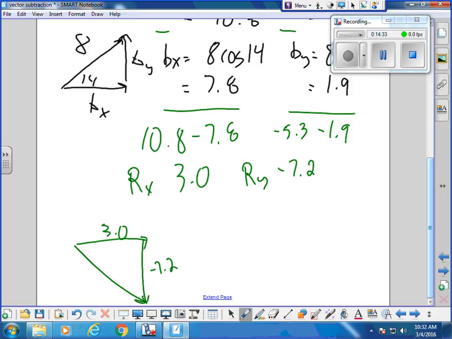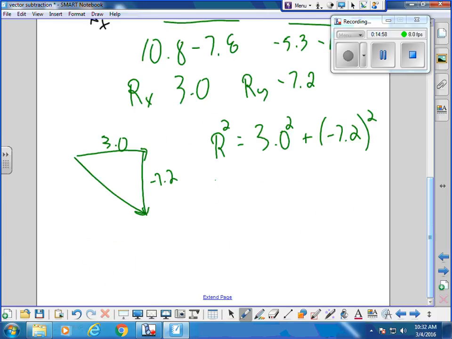So now, Nate, what do I do? I'm going to go r squared is equal to 3.0 squared plus negative 7.2 squared. We'll get there.